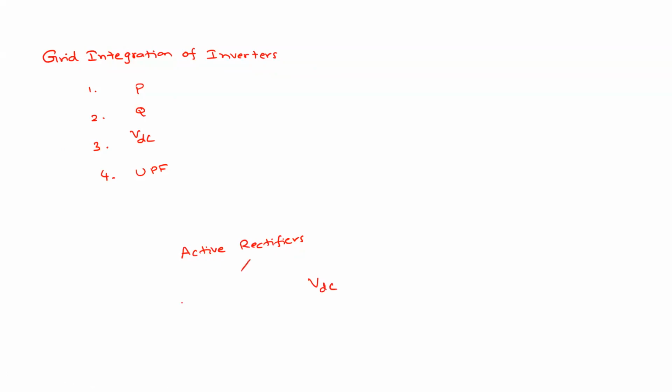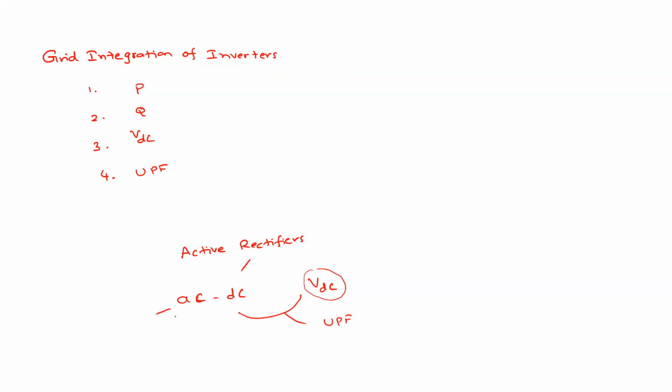That means the inverter is operating as AC to DC, and we regulate the DC side voltage, as well as maintain unity power factor operation. Source currents are sinusoidal and free from reactive currents, in other words, the reactive power is 0. Along with that, we also maintain the voltage across the DC side constant.